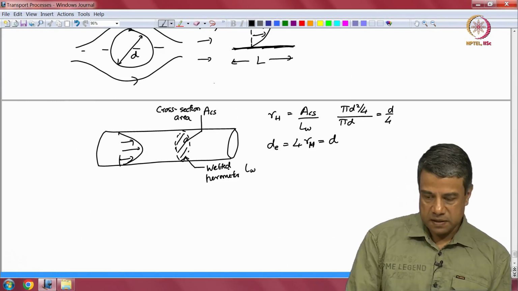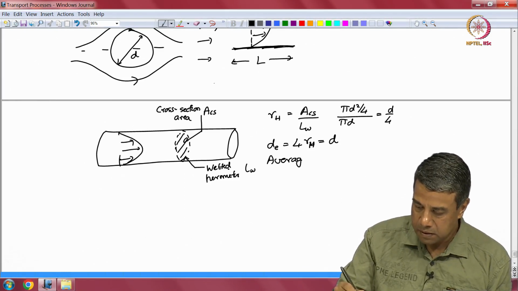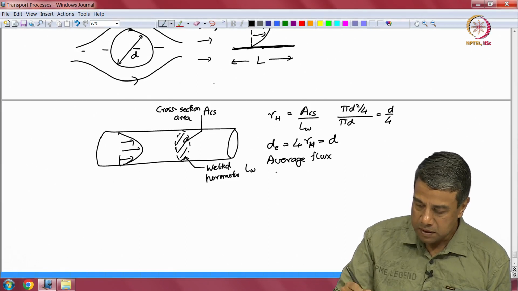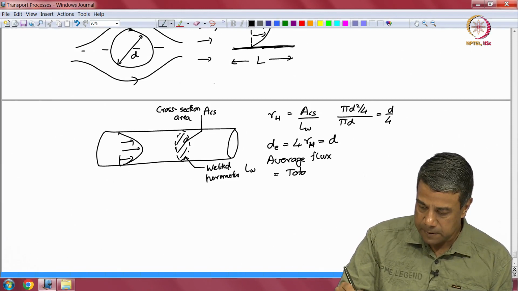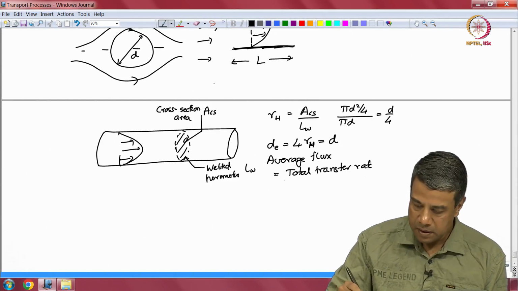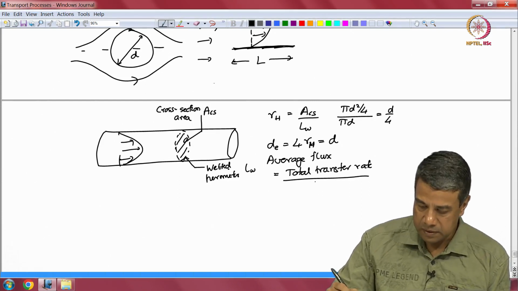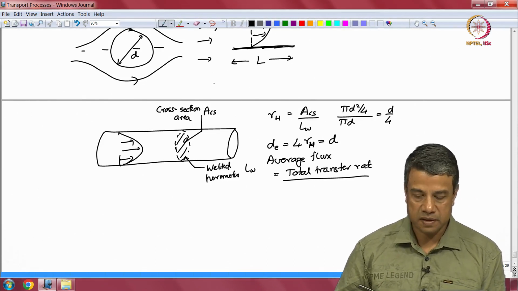The average flux is defined as the total transfer rate divided by the total surface area of this pipe.